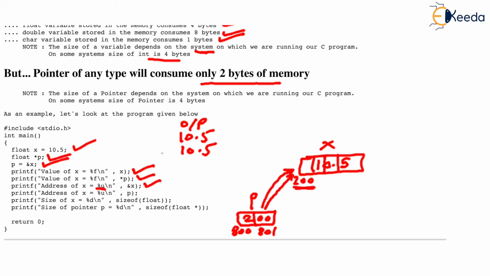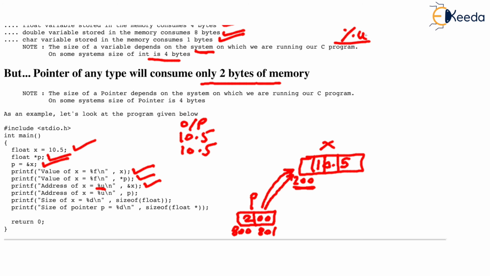And you also see the format given for printing. The format used for printing &x is %u. Now %u means unsigned integer. Remember, whenever you are printing address, isn't it? You are printing address because &x is what you are printing, and &x is address of x. When you are printing addresses, you use the format in the printf as %u. %u means unsigned.